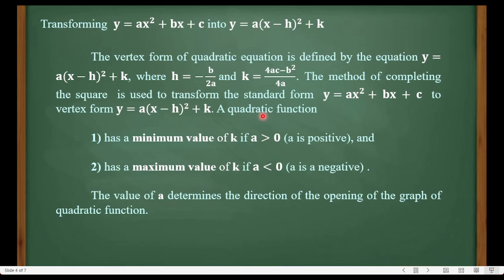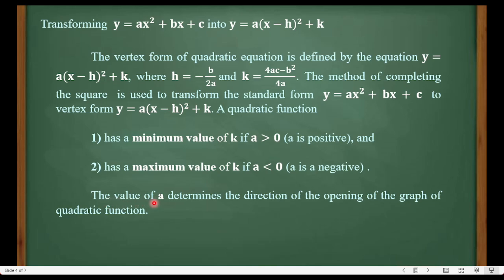Now, a quadratic function has a minimum value of k if a is greater than 0, or the value of a is positive. And the quadratic function has a maximum value of k provided that the value of a is less than 0, or a is a negative value.